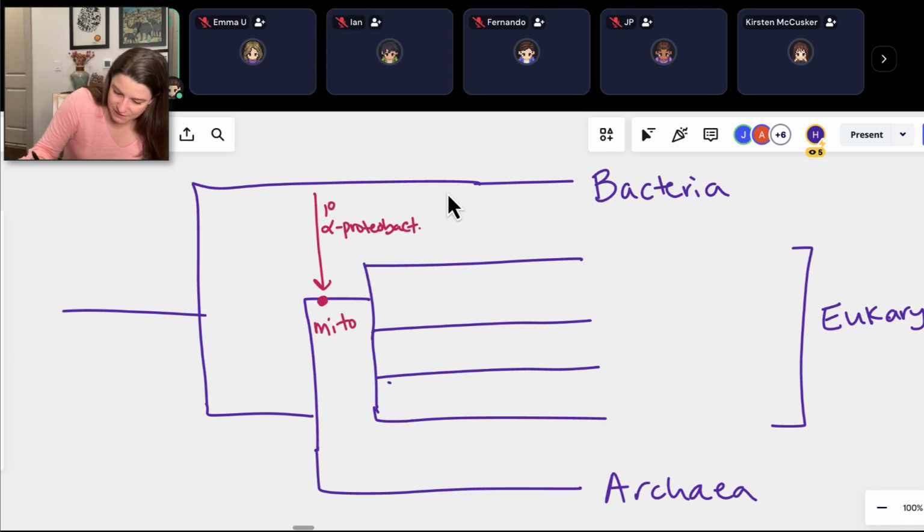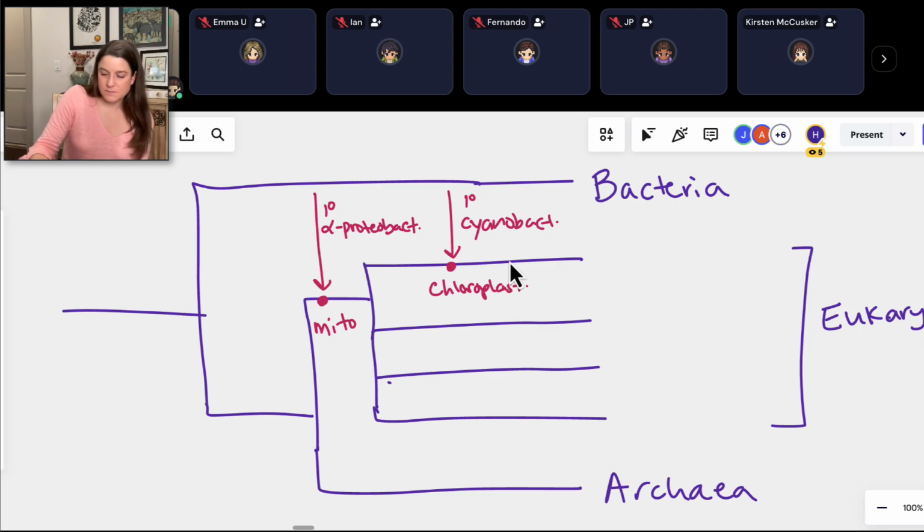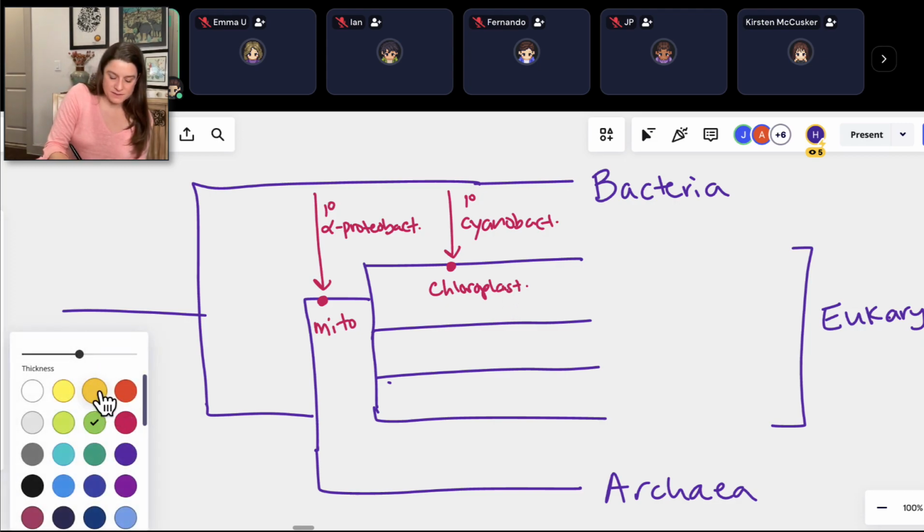Let's do this here because this is easy. Okay, so now we have another primary of a cyanobacterium. And that forms the chloroplast. What lineage is going to arise from this chloroplast, from this primary endosymbiosis, the cyanobacteria?